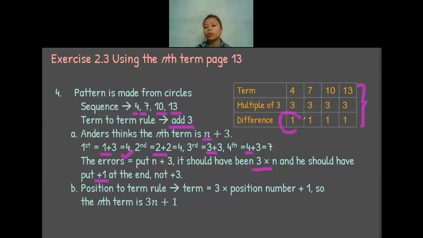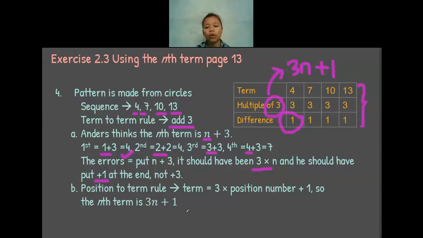And then you need the multiple of 3, so you will have 3n, or 3 times position number. Because here it is about the n-th term, I will just use 3n. And then the difference is 1, so we have to add 1. So for the position-to-term rule, it will be 3 times position number plus 1. So for the n-th term, it will be 3n plus 1.